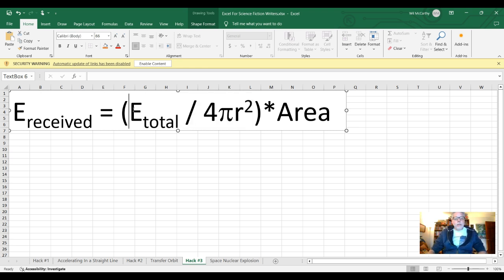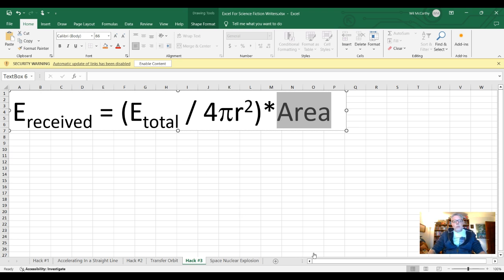That's simply the total amount of energy released by the explosion divided by the surface area of the expanding shell when it's at radius r, which is 4 pi r squared, the surface area of a sphere. So the energy received by our object is equal to the total energy divided by 4 pi r squared, times the area of the object in square meters. It's a very simple equation, not very intimidating.